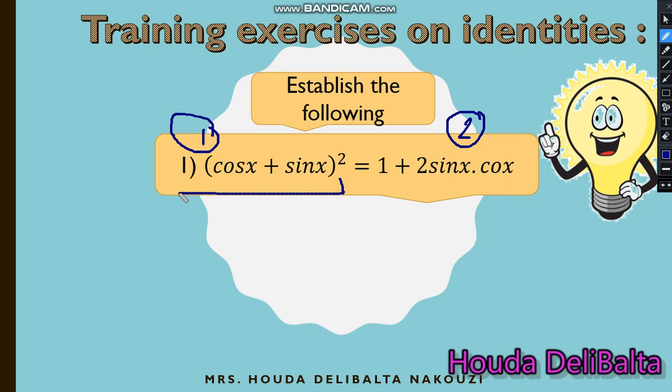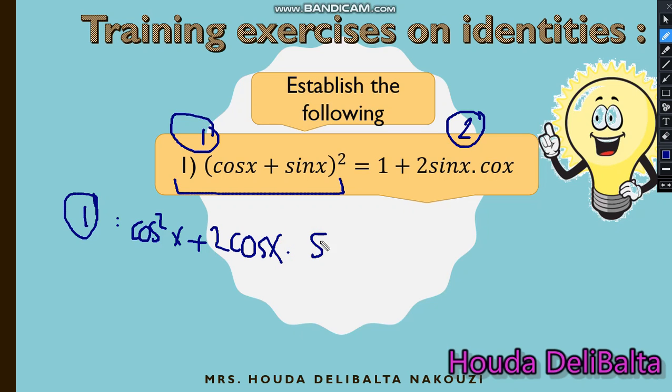So let's start with side 1. Using the expanding identity, I can write cosine squared x plus 2 cosine x dot sine x, they are multiplied.